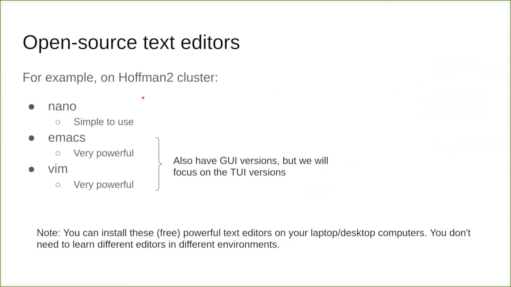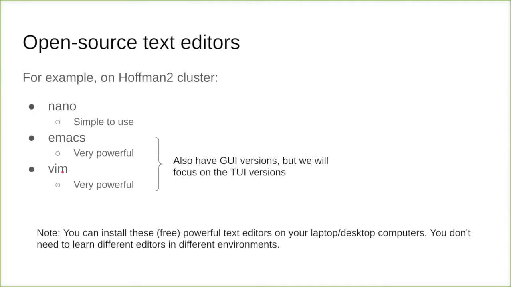And so on most HPC environments, these three are probably available. There may be others, but these three are probably available. The first one, the Nano editor, is quite simple to use, right? So if you just want to edit some simple thing without learning anything new, you can just use the Nano editor. The other two, Emacs and Vim: many people like Emacs and many people like Vim.